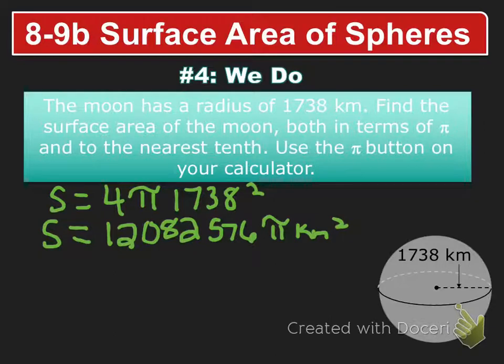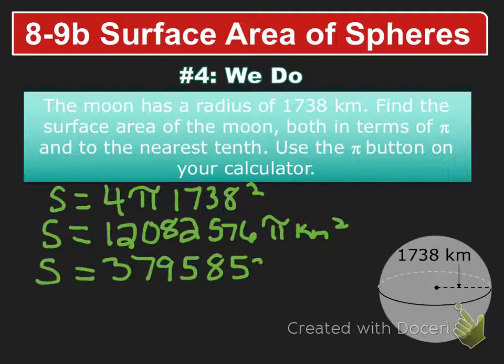So when you take that really big number and multiply it by pi, you're going to end up getting your surface area equal to 37,958,532 kilometers squared. Now again, that's kind of a big number, so sometimes you might want to put that into scientific notation.